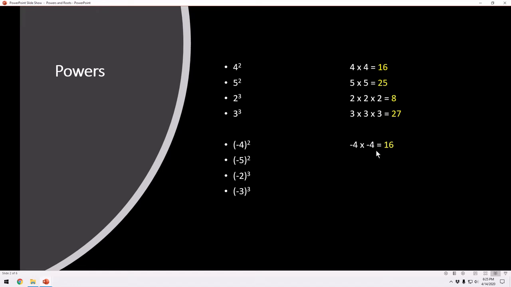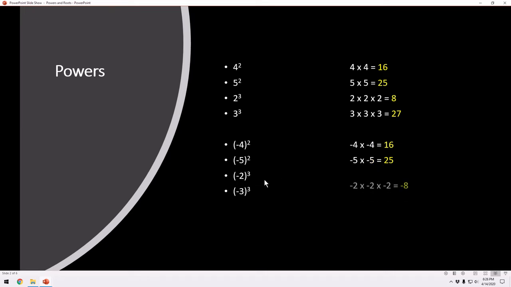For example, right here I have minus 5 to the second power, or minus 5 squared, which is equal to minus 5 times minus 5, and that's equal to 25. It's positive because a negative and a negative make a positive, or you can also think that because your exponent is an even number, my result is positive. Positive results for even exponents and negative results for odd exponents.